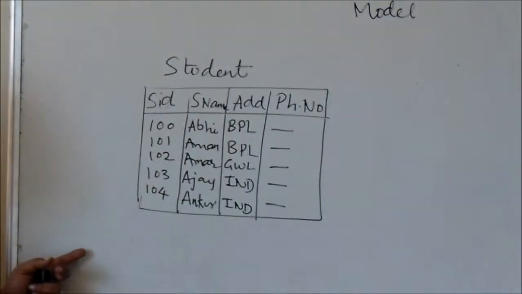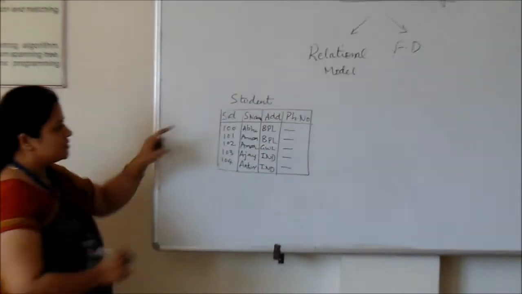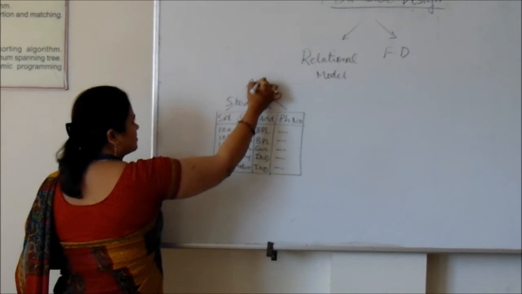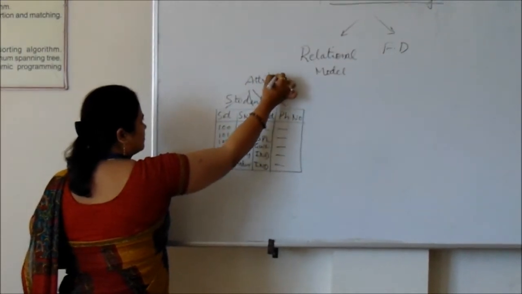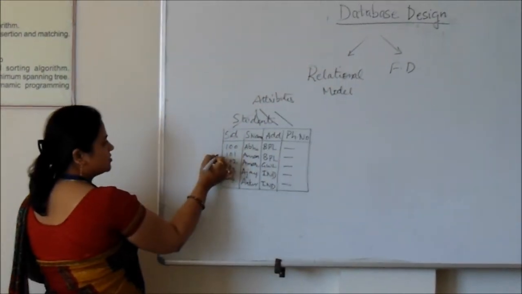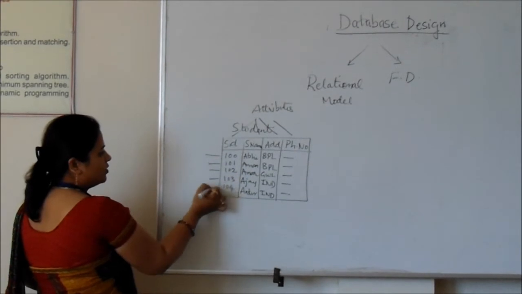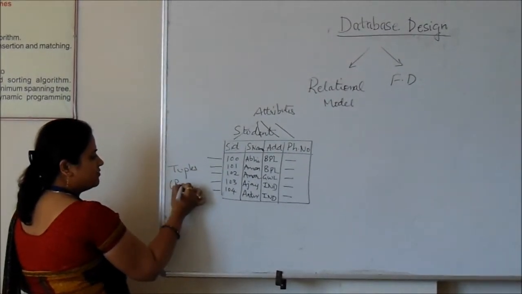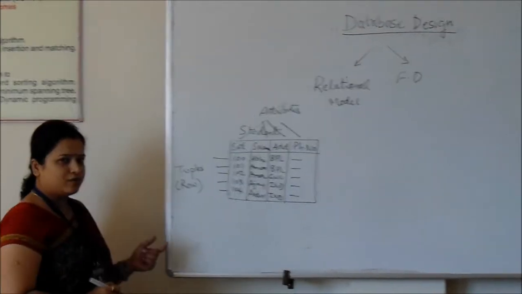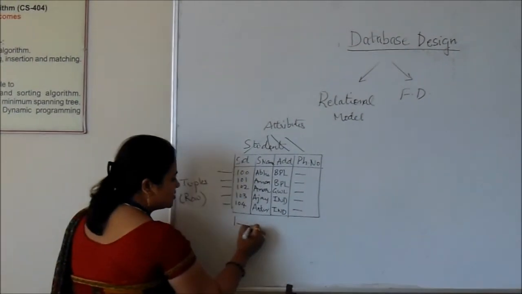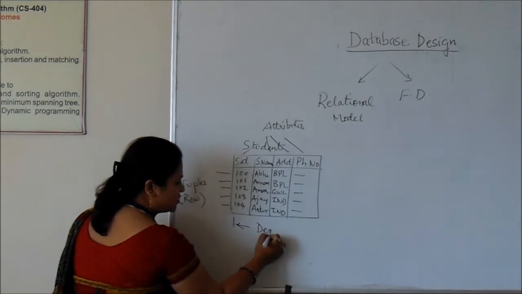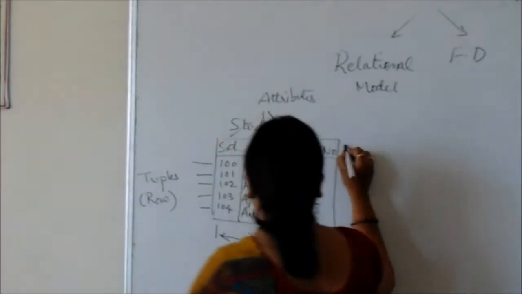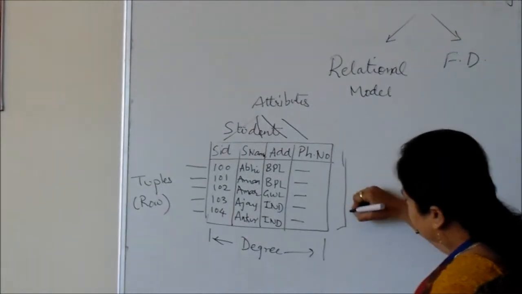So this makes a relational model where these column headings are known as attributes. These rows are known as tuples in relational model. Tuples basically define the values of a row. The number of columns gives the degree of relation. And the number of tuples inside a relation gives the cardinality.